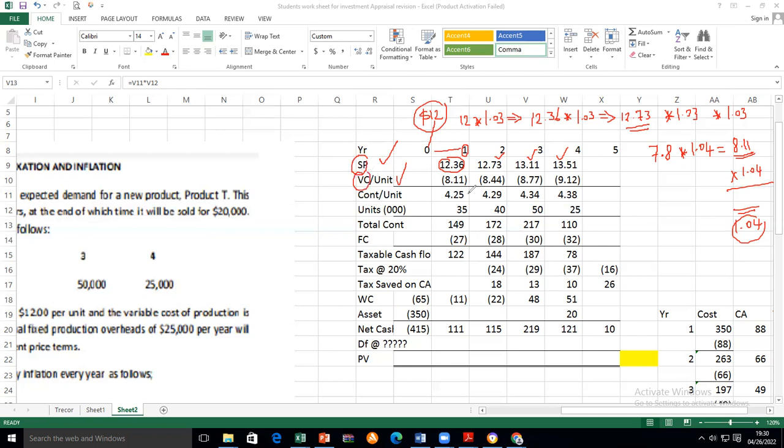And that's what we have. Multiply by the number of units, I've dropped 3 zeros. Multiply by the units, and we have our total contribution.